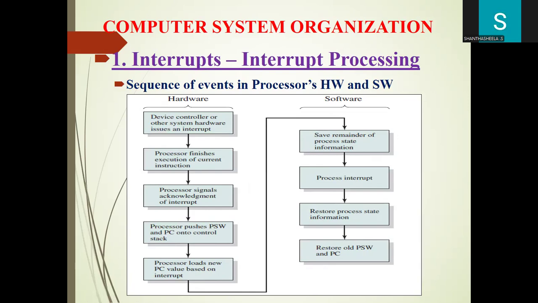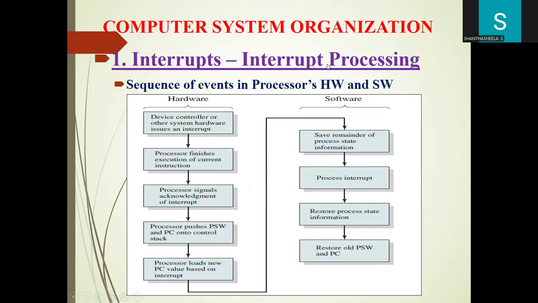The content of the program status word register and the program counter will be loaded into the control stack. Then the processor will load the new program counter value based on the interrupt. In order to service a particular interrupt, the address of the interrupt handler will be loaded as a new value into the program counter.